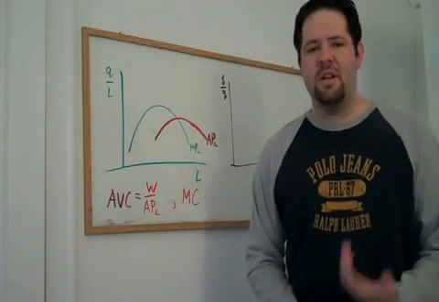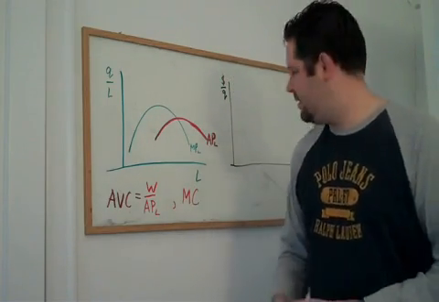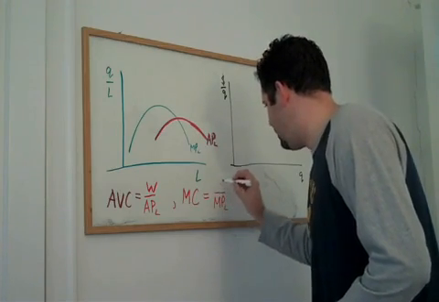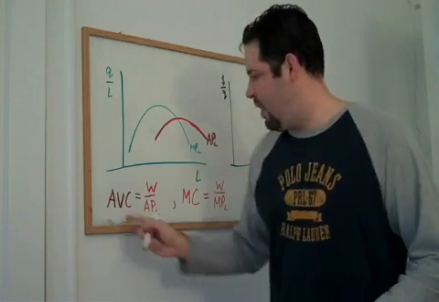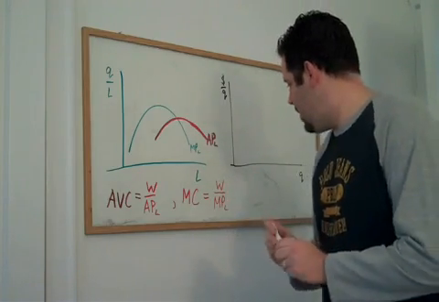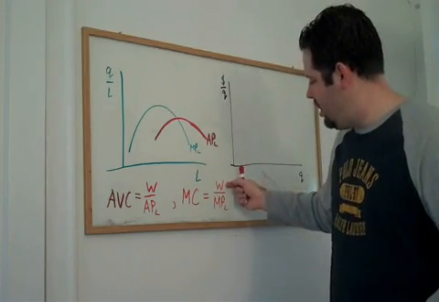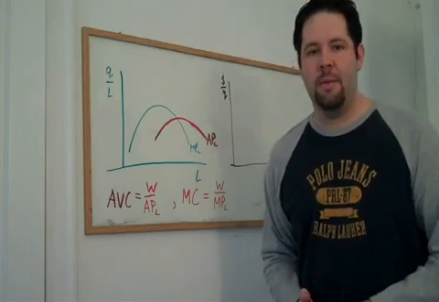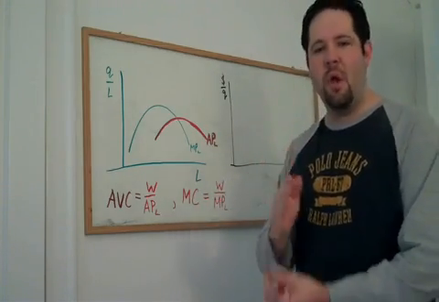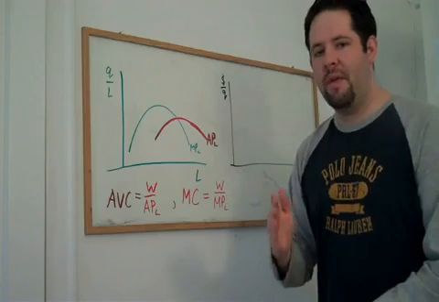We can also derive an expression for marginal costs. And it turns out that we can use the same form as what we had for average variable costs, except it's going to be the wage divided by the marginal product of labor. The marginal cost is the cost of producing one more unit of output.